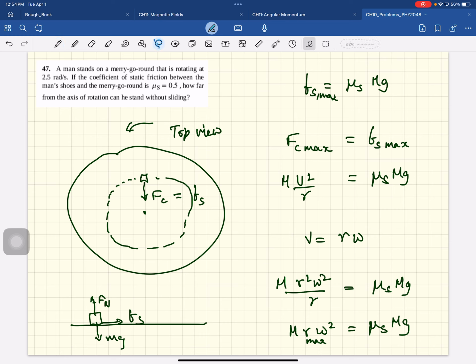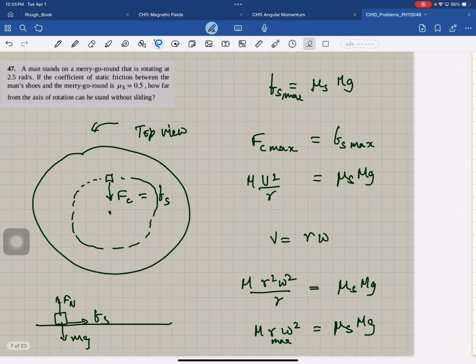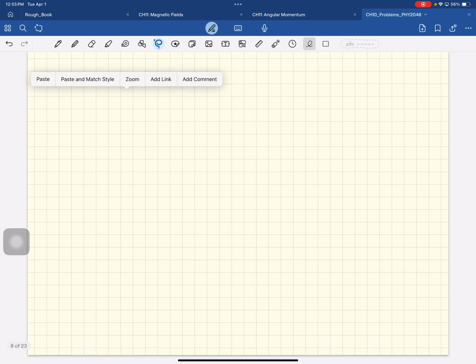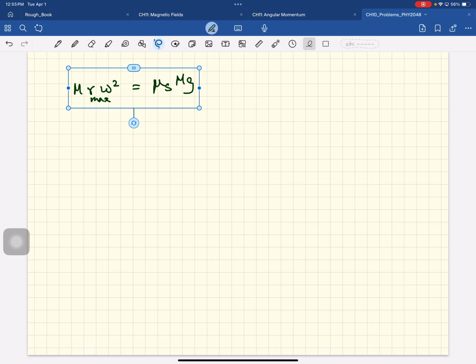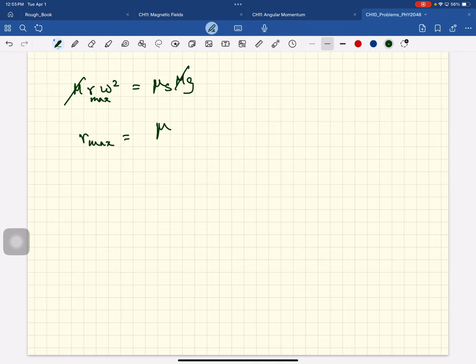All right, so let's copy that. And by the way, the mass cancels. So as long as you're wearing the same shoes, everybody, that's the maximum distance for everybody.